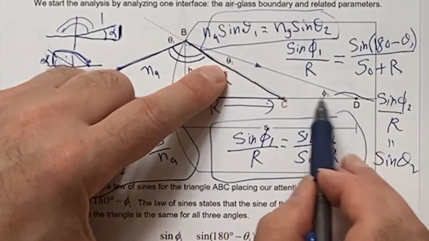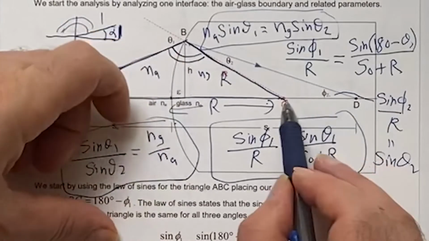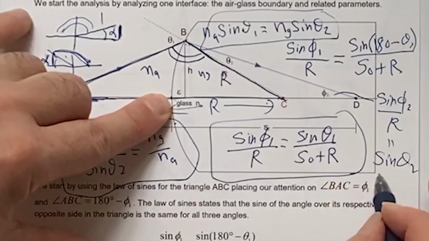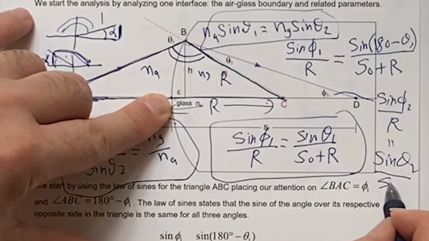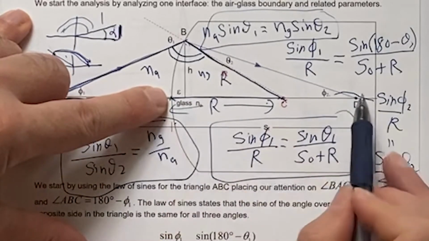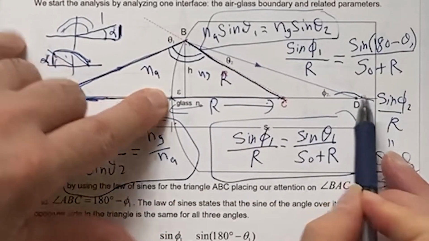And this opposite side here, what is this thing? Well, this would be the image distance minus r, because this is R, and your image distance takes you all the way over to here.